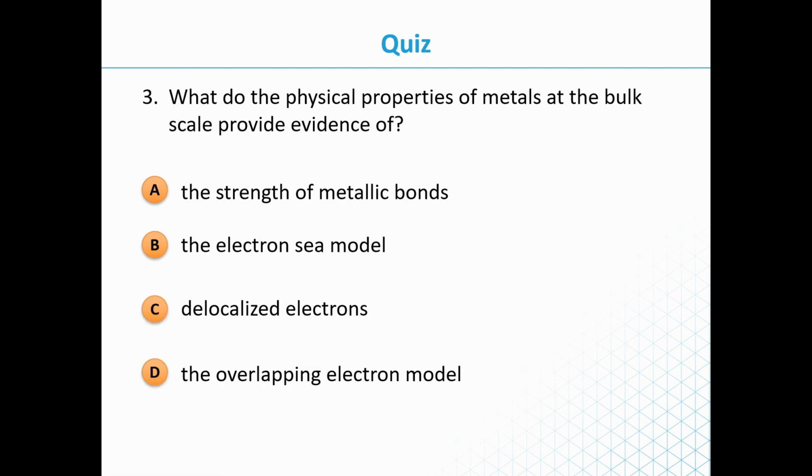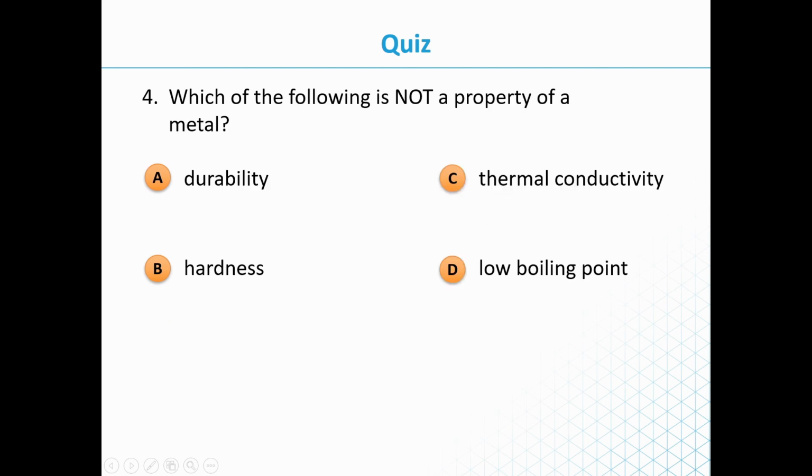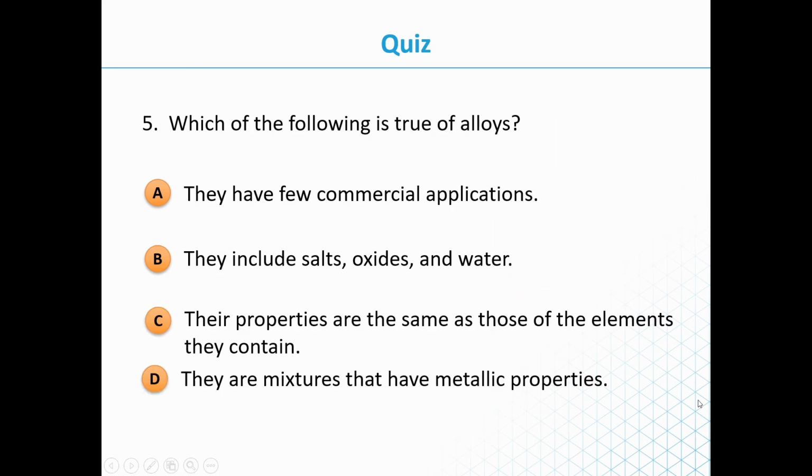What do the physical properties of metals at the bulk scale provide evidence of? Which of the following is not a property of metals? Which of the following is true of alloys?